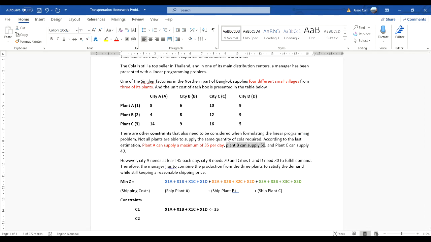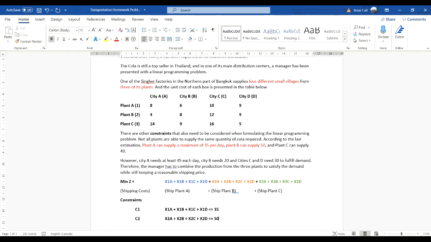Also important. So we go here, x2a plus x2b plus x2c plus x2d is less than or equal to 50 units.